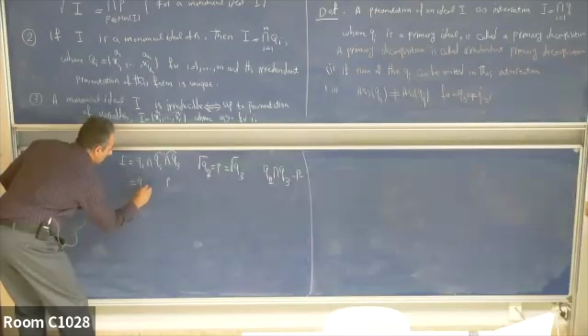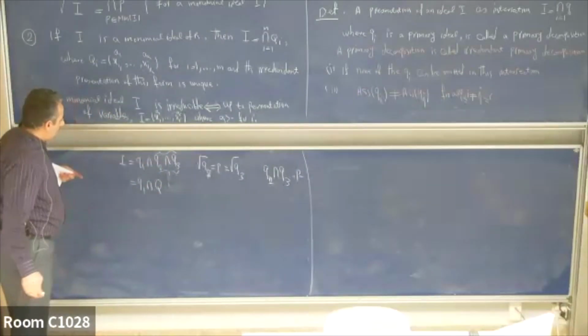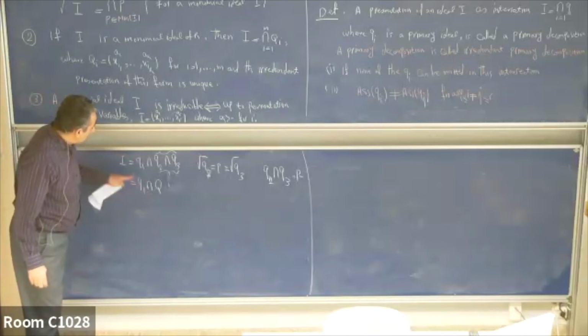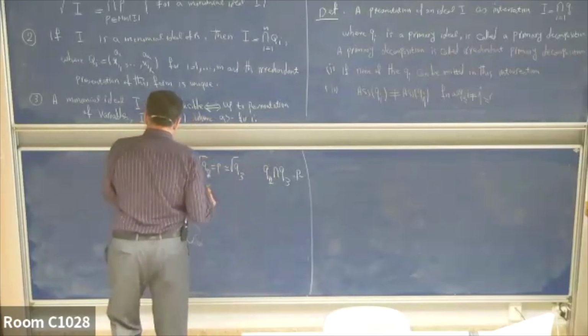Then we have I equal to Q1 intersect Q, another name for this one. This is the irredundant primary decomposition of this one, because you have embedded primes. Yes, exactly. Thank you.